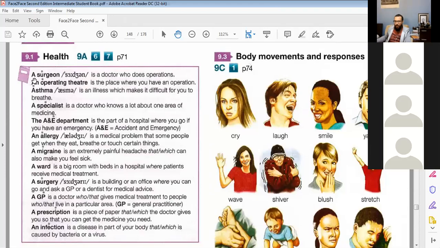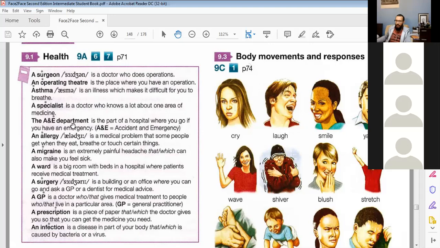A surgeon is the doctor who does operations. An operating theater is the place where you have an operation. Asthma is the illness that makes it difficult to breathe. A specialist is a doctor who knows a lot in one area of medicine.